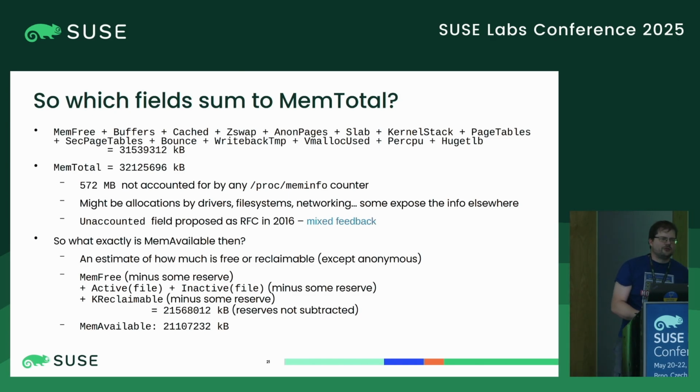It assumes that not all of that can be actually reclaimed, so there's always some reserved part that's subtracted. And if we didn't subtract them, we would get this value, but the MemAvailable is actually a bit lower. So it's actually an estimate of how much memory can be reclaimed or is already free if user space processes needed it.